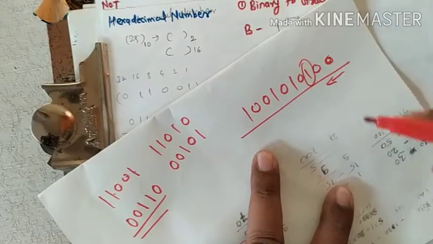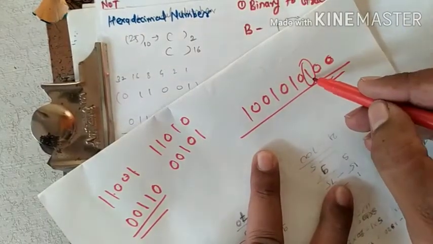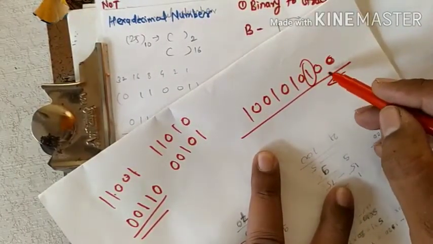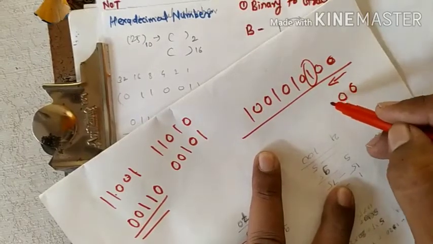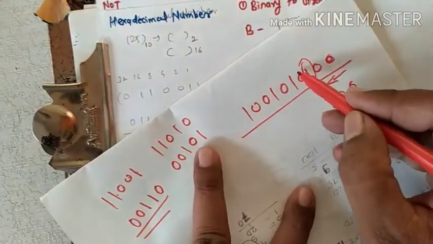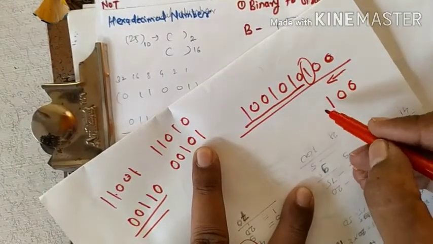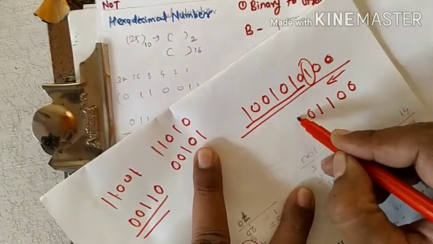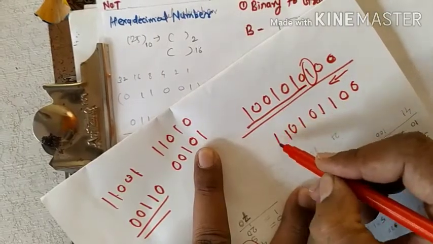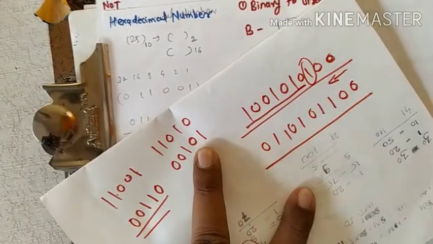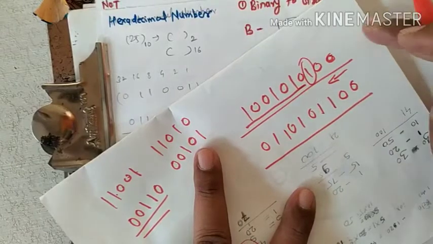So this is the first one. Write this number as it is up to this point. So we write 0, 0, 1. After that, the remaining number you have to write as ones complement. So we write 1, 0, 1, 0, 1, 1, 0. So this is the twos complement of this binary number.